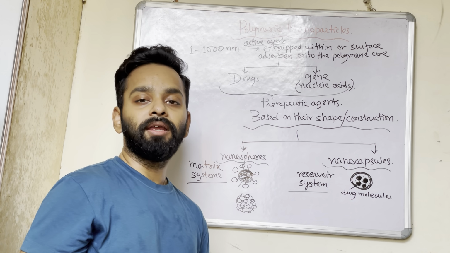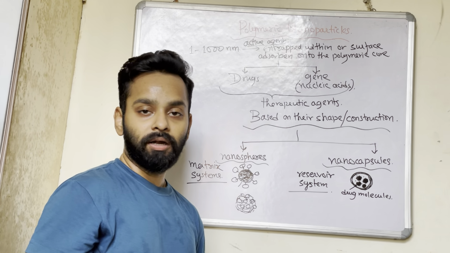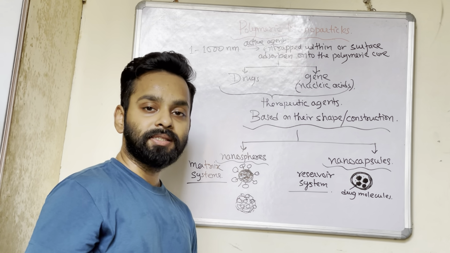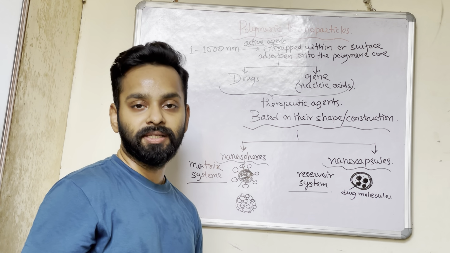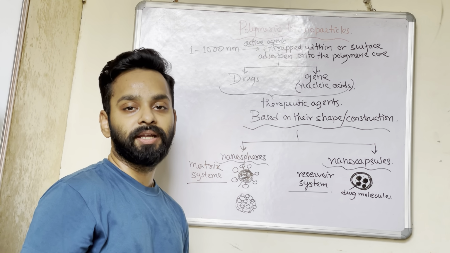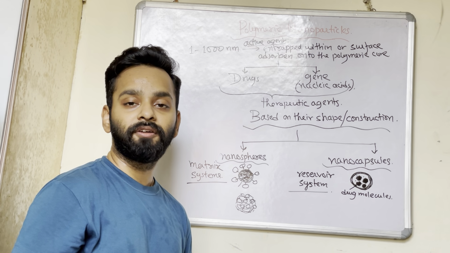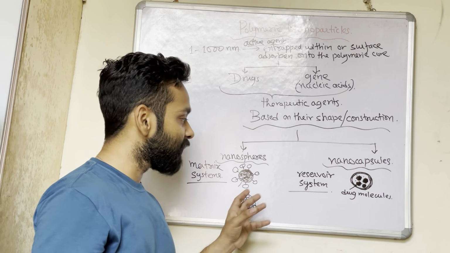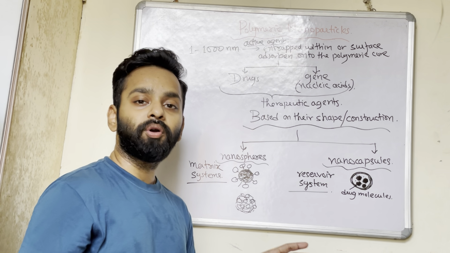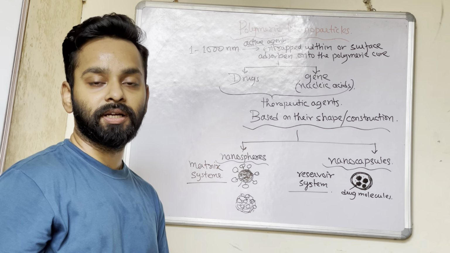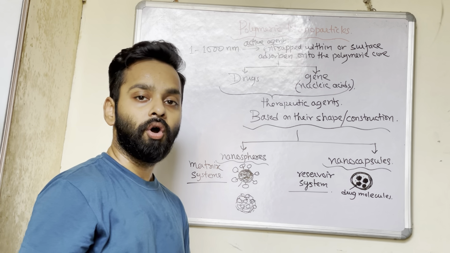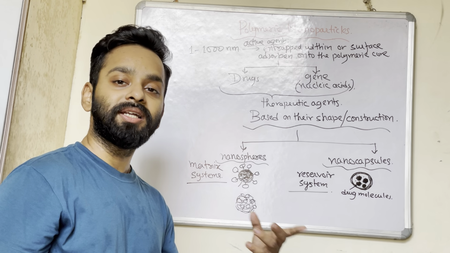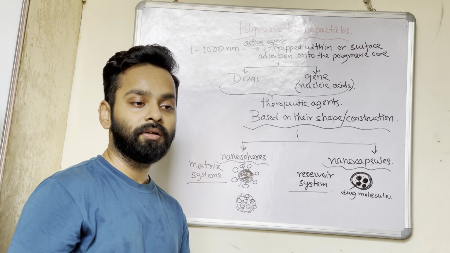So if we are trying to introduce a drug or a gene for therapeutic purpose inside living bodies, these therapeutic agents can be subjected to degradation by different enzymes or different physiological processes which happen in the body. These polymeric nanoparticles actually protect the active ingredients from destruction when they are administered in vivo. Also, they help in targeting the active ingredient towards the desired location of their action.